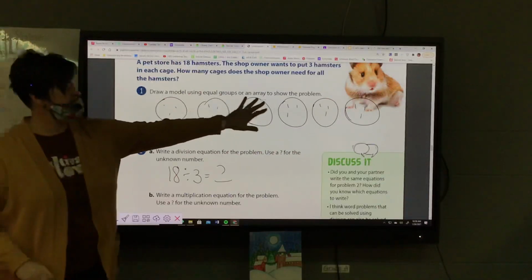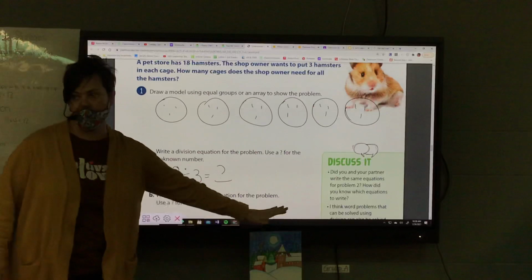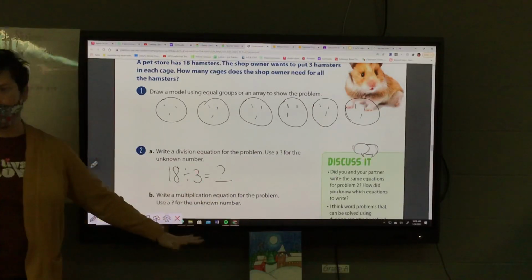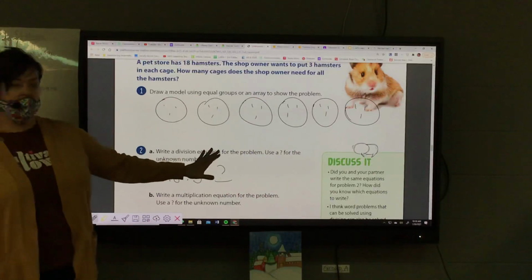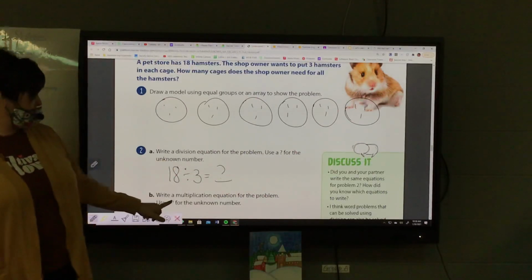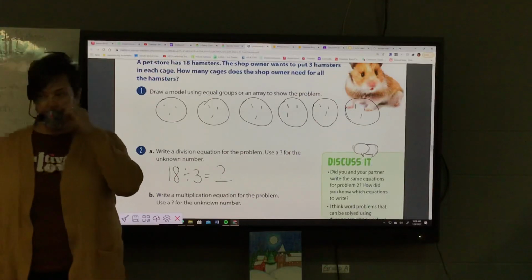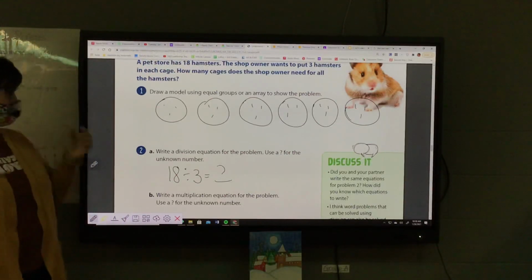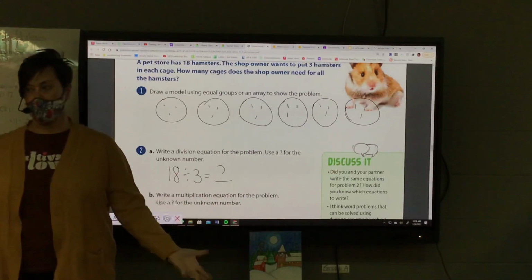I'm going to leave all this here, but I'm going to squeeze in my writing down here for part B. Now, we just wrote our division equation. Part B says write a multiplication equation for the problem. Use a question mark for the unknown number.